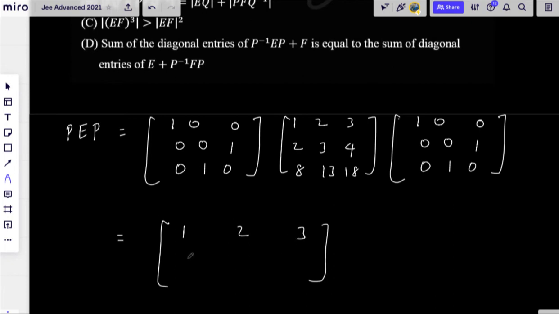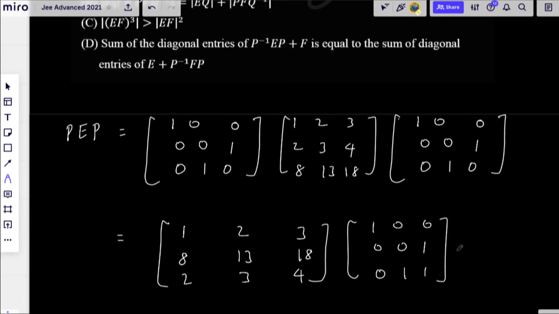Then 0, 0, 1, that is 8, 13, and then 18. You check it and do it properly. That is 2 and 3 and 4. We have done this. So another matrix, that is 1, 0, 0 and 0, 0, 1, right? And that is PEP we have written here. So that is 0, 1, 0.